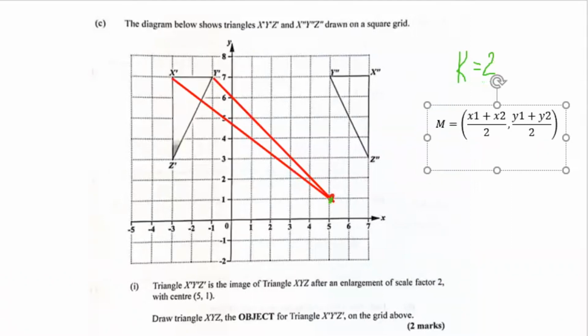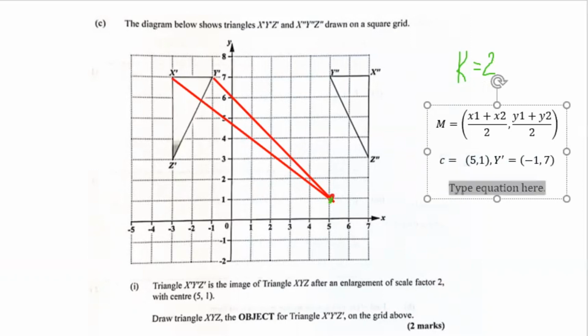So the point that we're looking at, what we're comparing, is from C, which is the center, which is 5, 1, and from y prime, which would be -1 and 7. So those would be our y1, y2, x1, x2.